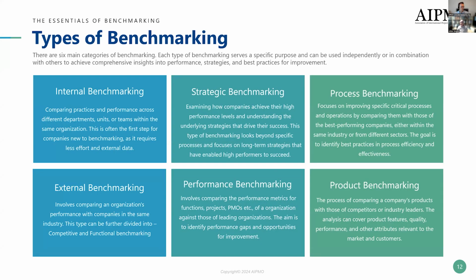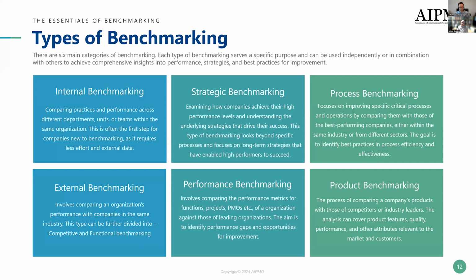So as I said, you've got internal and external benchmarking. Internal will be within the organization. It can be against a different PMO in the organization. It can be against a different business unit or department. It can be against a similar business, but in a different region of the same international organization.